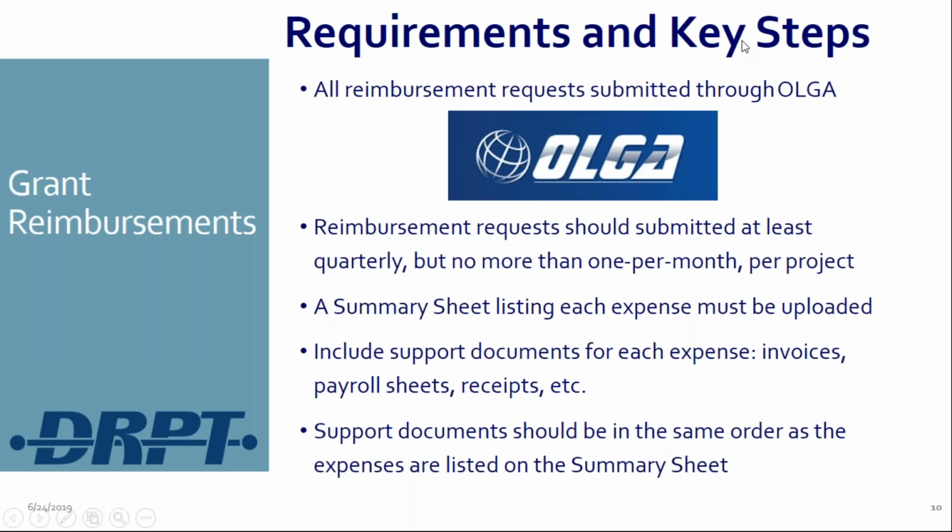The one thing we want to emphasize here, at least from the TDM side, and transit folks, feel free to chime in as well, is that we would like the reimbursements to come in at least quarterly. And for me, as a program manager, that serves two purposes. One, if there is something that's ineligible or an issue, going back to fix it won't be as bad as if we have to go back and fix a reimbursement that covers 6, 7, 8 months.